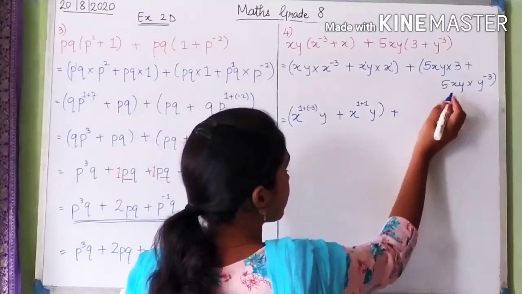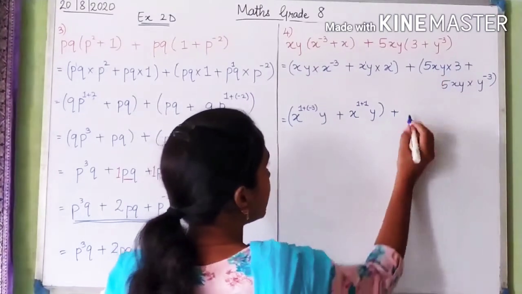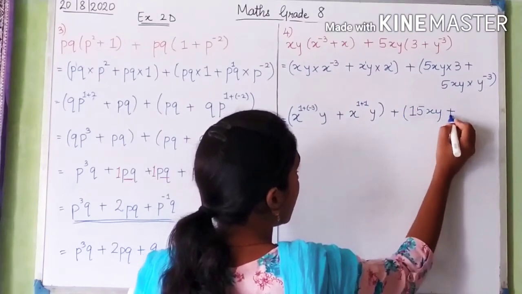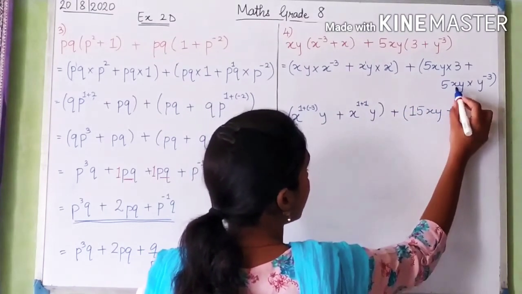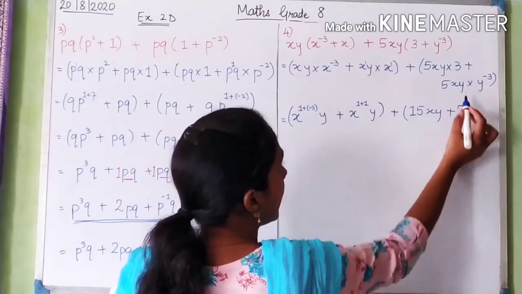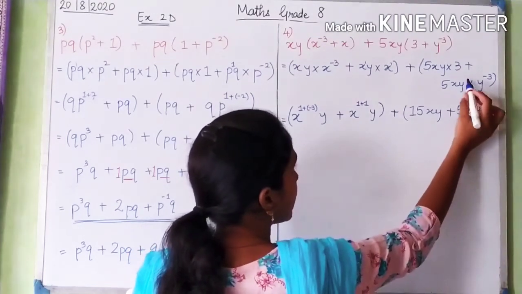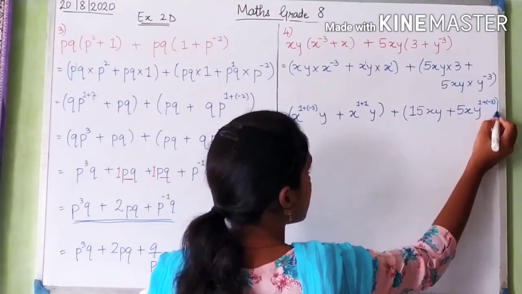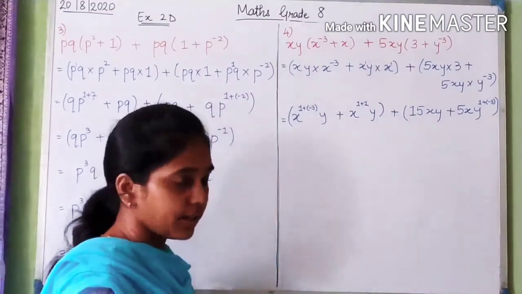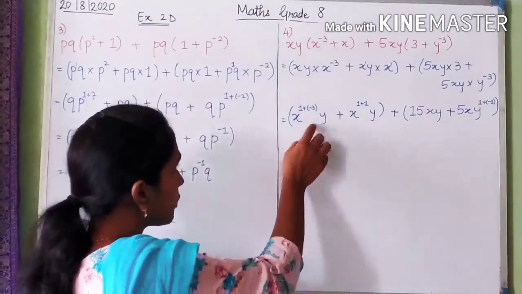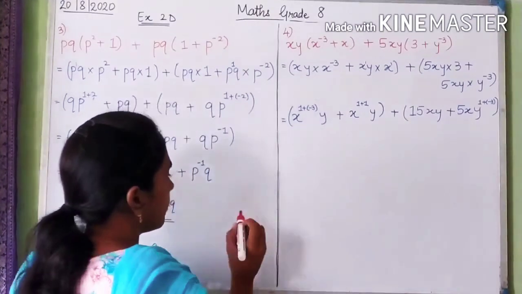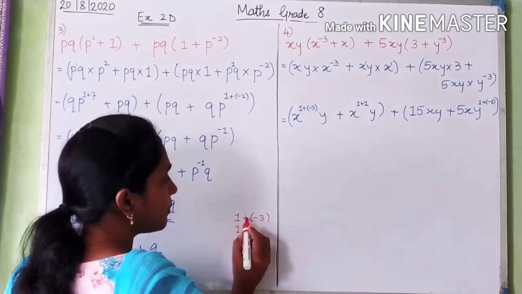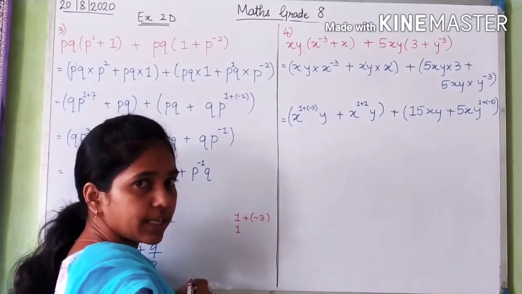Then we go to this expression, 5 multiplied by 3 is 15xy. Plus 5 multiplied by x, there is only one x, and y, bases are same, powers are different, we add their powers. So this is 1 plus minus 3. So what is 1 plus minus 3? 1 plus minus will get multiplied because there is a bracket.